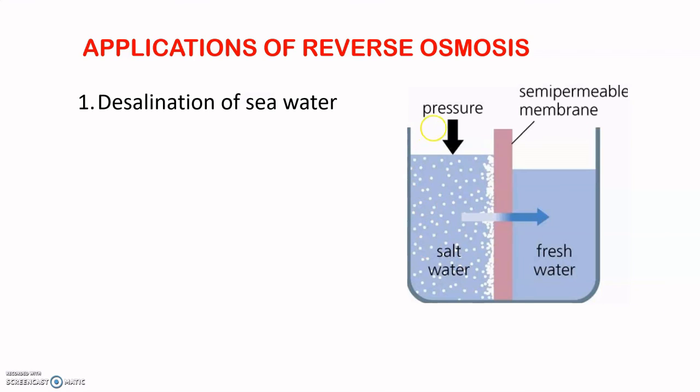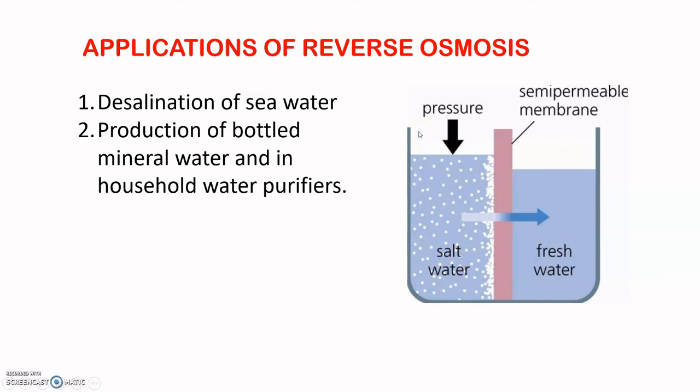The special semi-permeable membrane for desalination of seawater is made from nylon or cellulose acetate, etc., which can withstand very high pressure. This fresh water obtained by desalination can be used for drinking purposes.